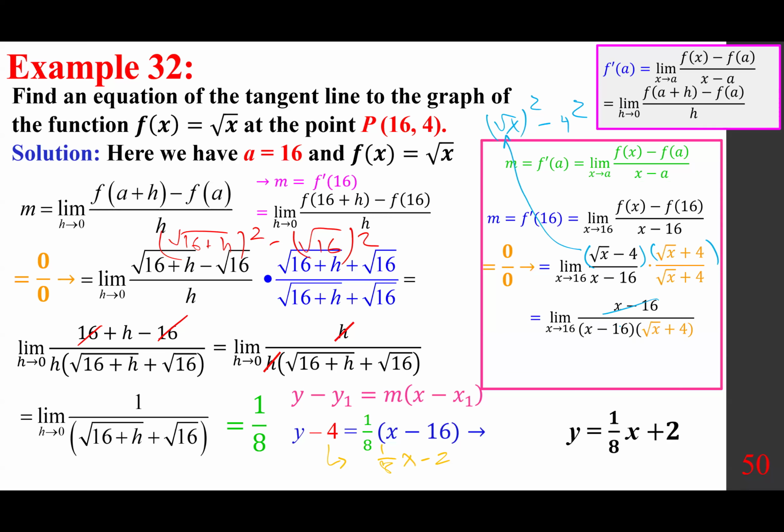X minus 16 cancels out x minus 16 in the denominator. And now, if you plug in, you get 4 and 4, 8. The answer is 1 over 8. That's how you find the slope, the second method. And of course, y minus y1 equals m times x minus x1. You can find the equation of a tangent line accordingly.